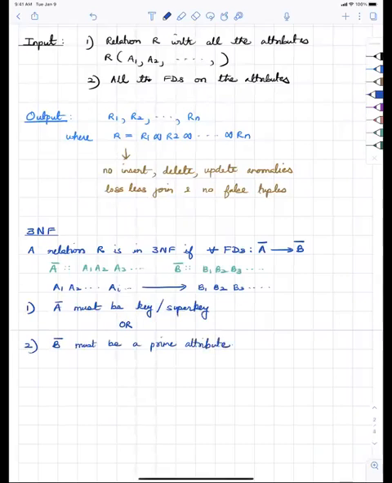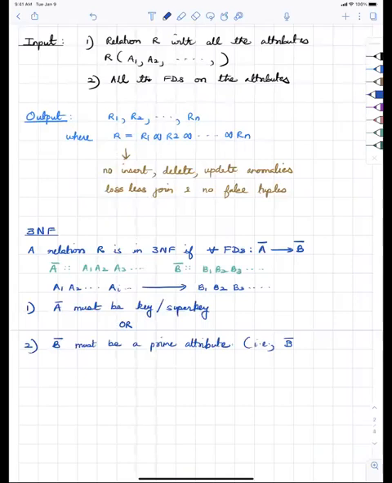Do you recall what a prime attribute is? I did this in an earlier class. Does anyone remember that? What is a prime attribute? This prime and non-prime you must remember. A prime attribute is an attribute that is part of a key.